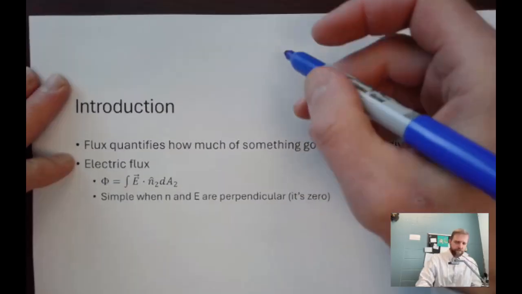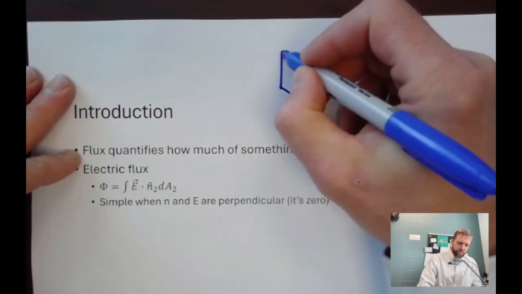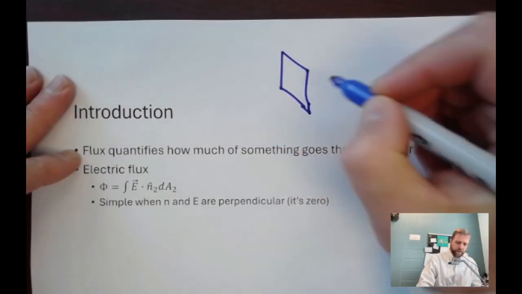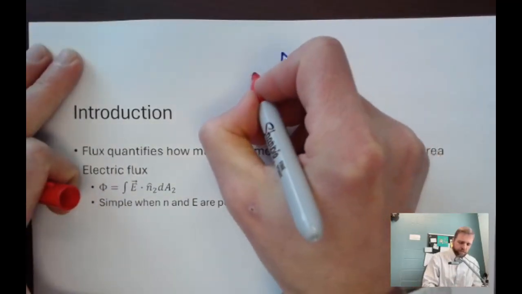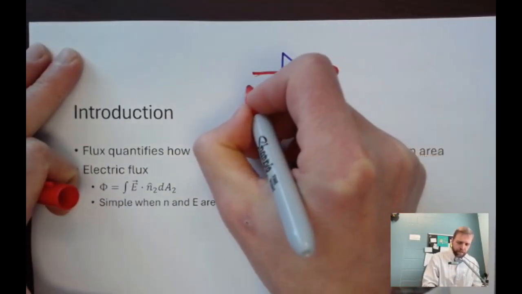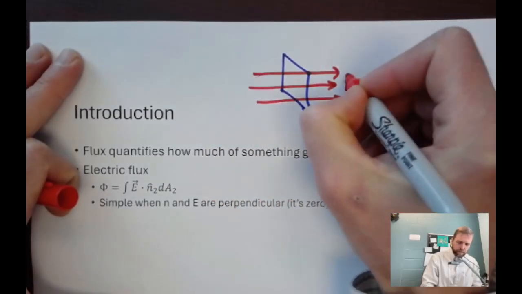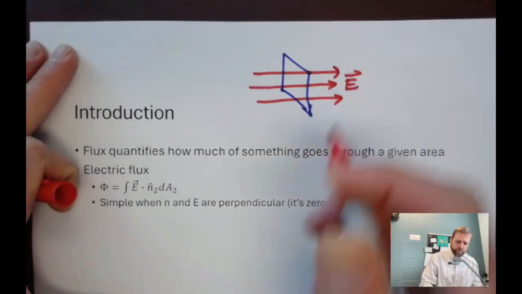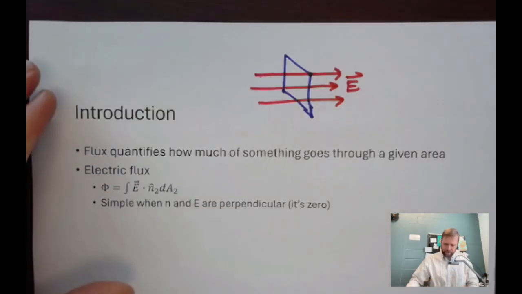Okay, so if you have just some arbitrary area, like some kind of window, for example, and you want to know how much electric flux is passing through that, then we would illustrate it like this. These are the electric field lines that we can draw going through that window.